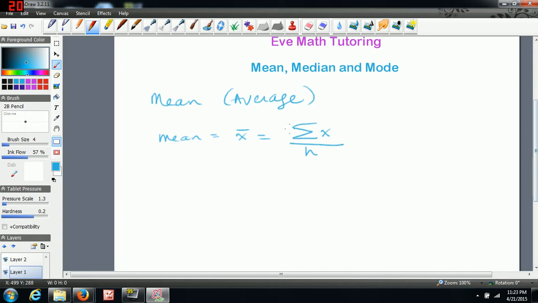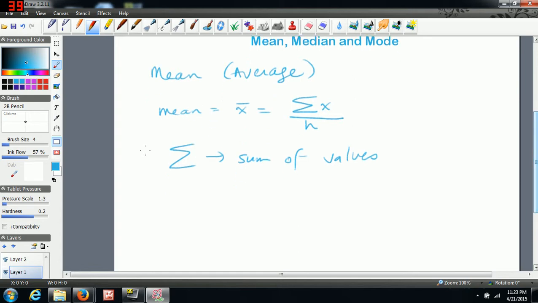Okay, and this symbol here just represents the sum of the values that you're looking at. And x represents individual data values, or maybe the variables.